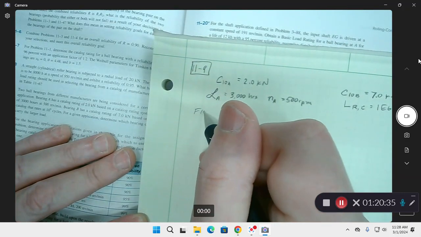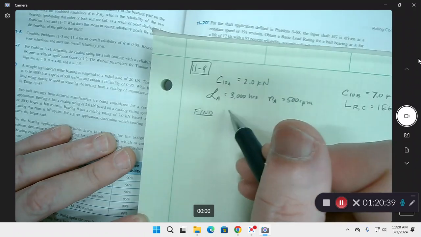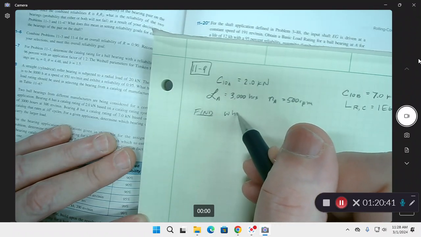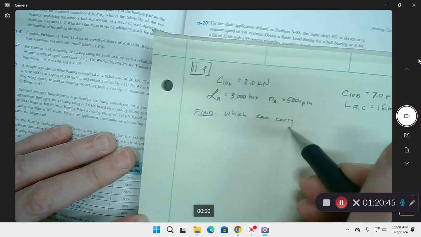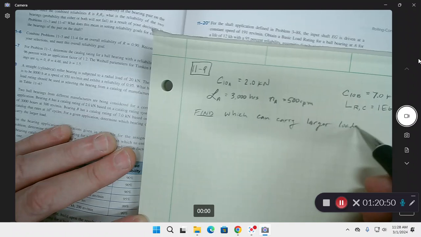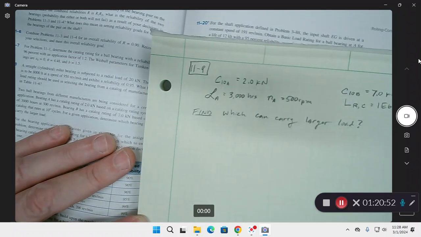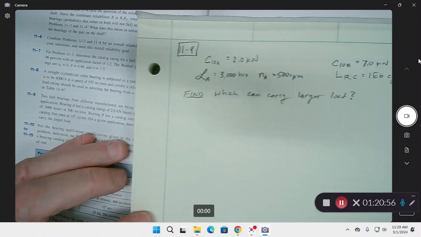I'm going to find which can carry the larger load. How do you think you approach that?